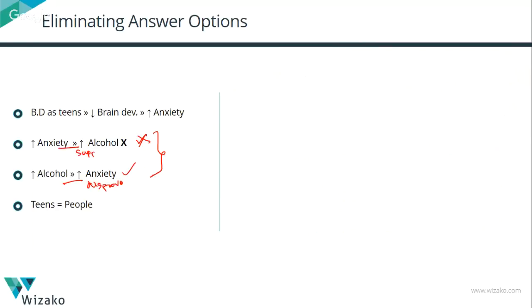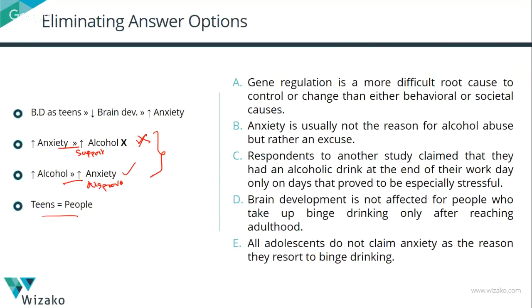Either one of these two you can do, because the author is negating this, you can do it the other way around. It's also generalized. What's true for teens is true for all people. So you can also question that and say, maybe for adolescents, it's alcohol contributing to anxiety, but not necessarily for everybody. So let's look at the answer options and see what the options are saying.